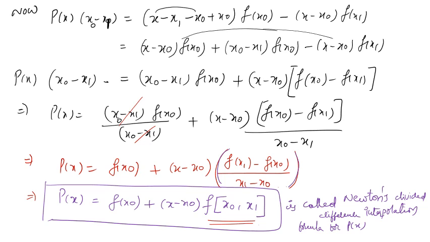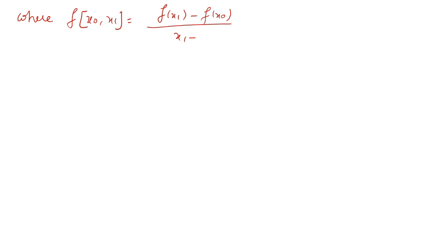f of x naught comma x1, where f, this closed bracket, not open bracket, x naught comma x1, this is taken as f of x1 minus f of x naught by x1 minus x naught, this one is called, what is this one?